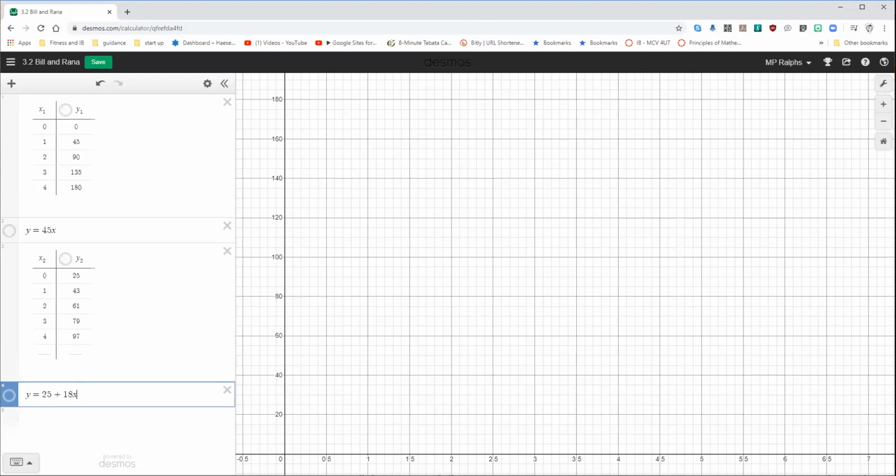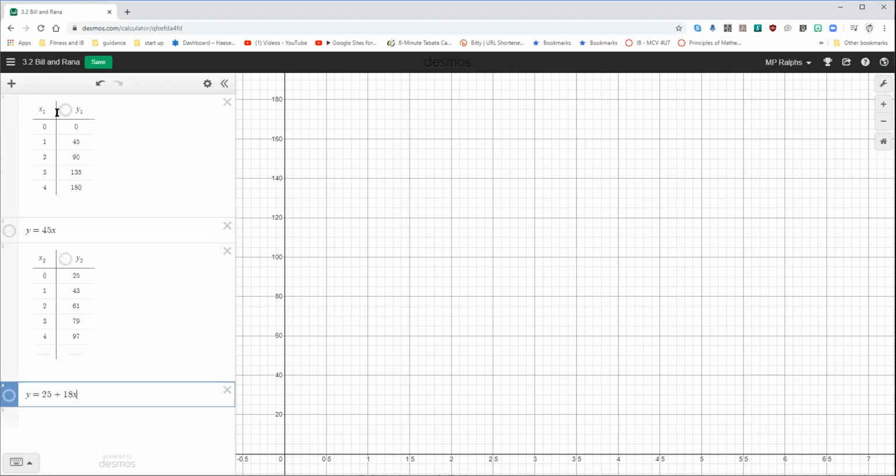If you can take a look up at the top here in the upper left, we see this is Rana's repair service. So X represents the left-hand column, which is the number of hours of service. And we've got 0, 1, 2, 3, 4 hours of service on each of the independent rows.